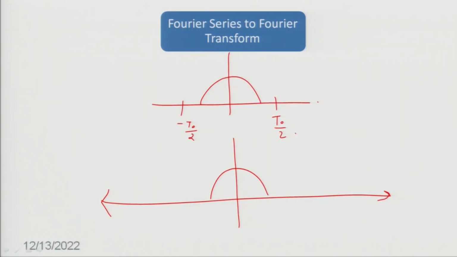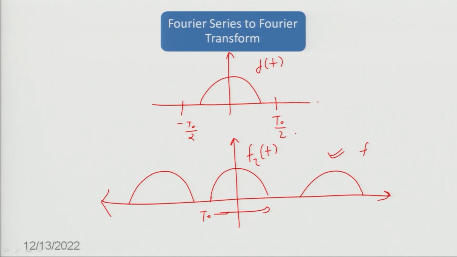What does it mean? This is f(t). If this signal was periodic, we would be able to write the Fourier series for it. Suppose the time period for this signal is T naught, here also the time period is T naught, and here also T naught.